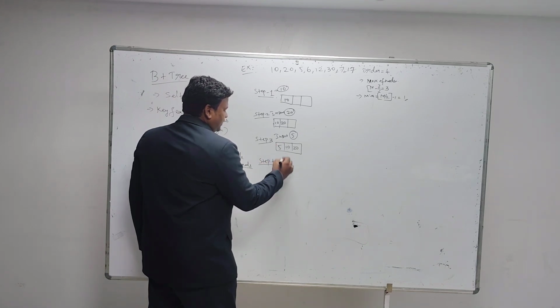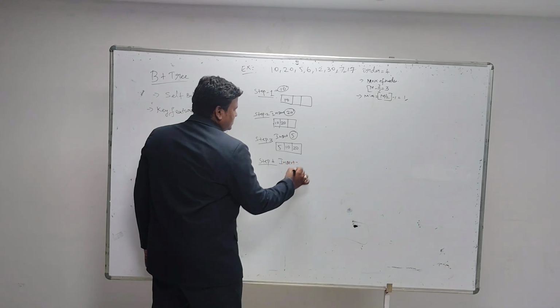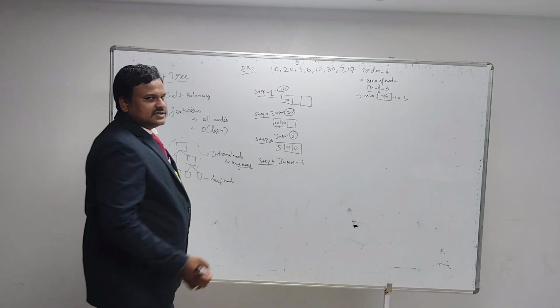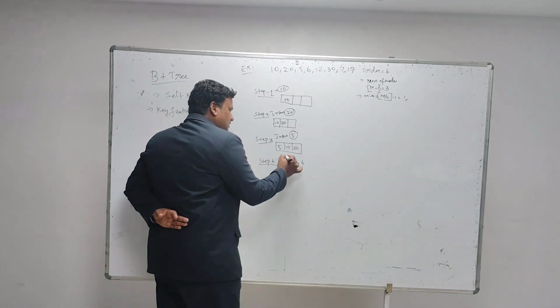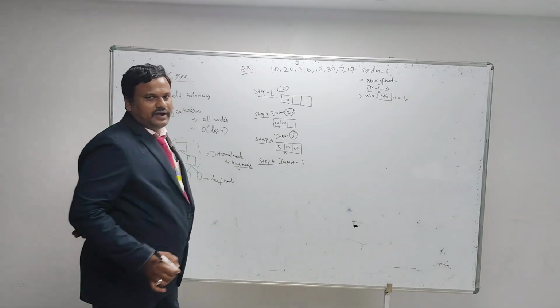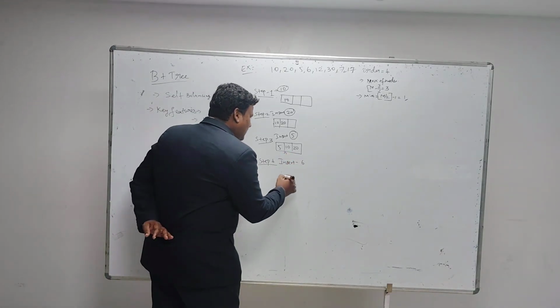Next is step 4. The next item we are going to insert is 6. Where do we insert it? In the middle, after 5 and before 10. While inserting, what will happen?